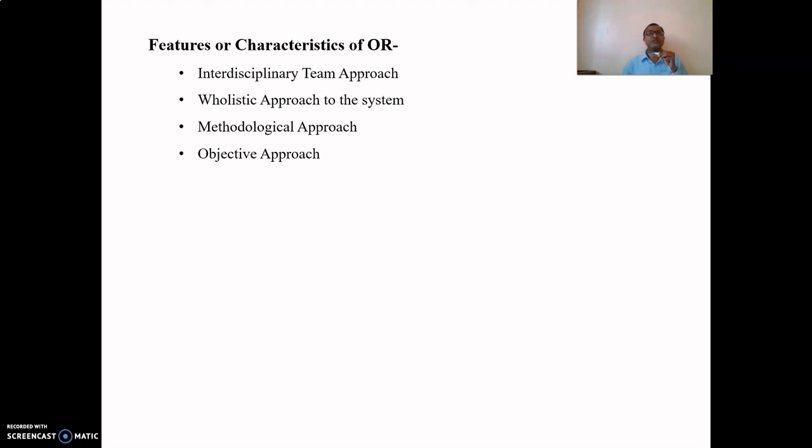Next is the holistic approach to the system. The holistic approach of operations research covers all the phases of an operations research project. Whatever results or decisions you take will affect the whole. If the design department takes one particular decision, say some minor changes in the dimensions, will it affect your manufacturing process?